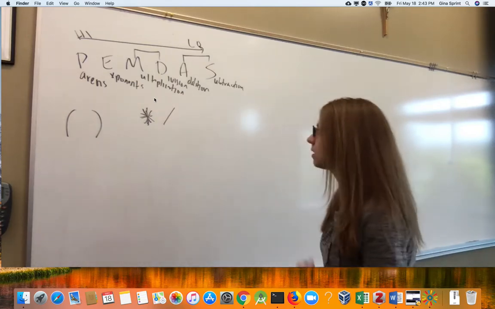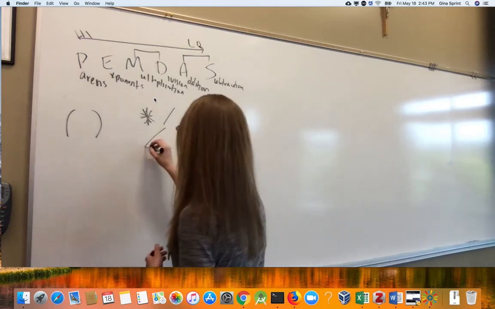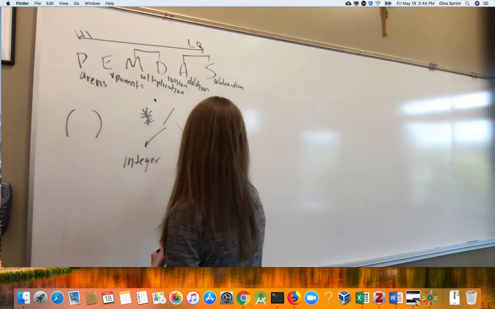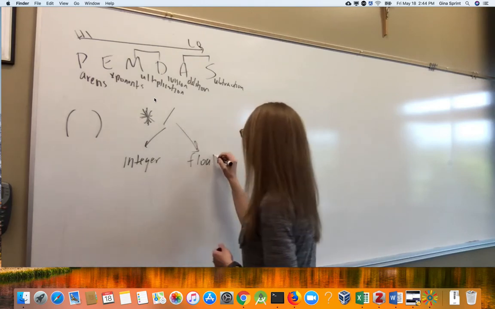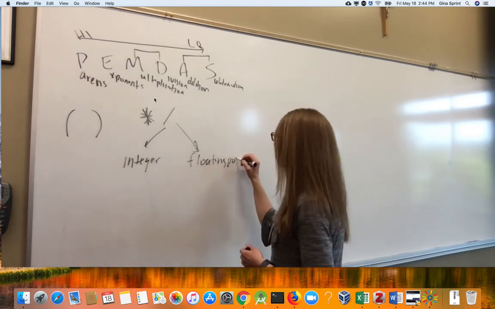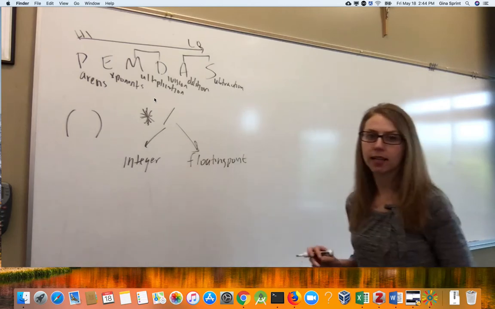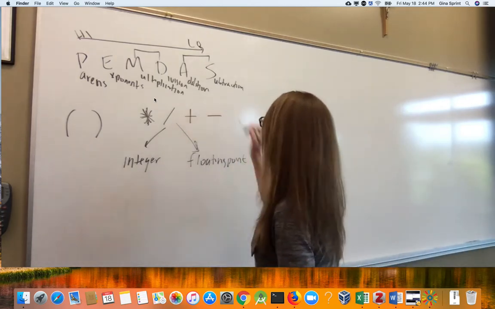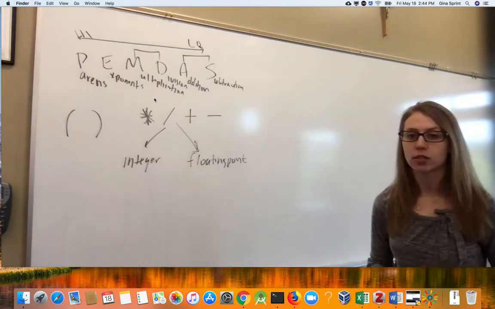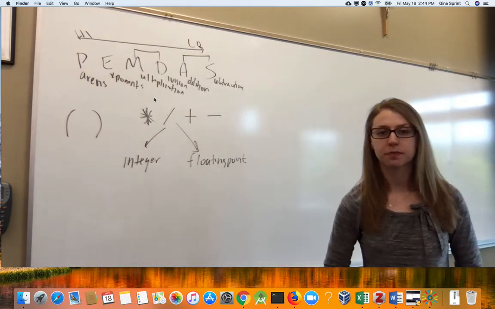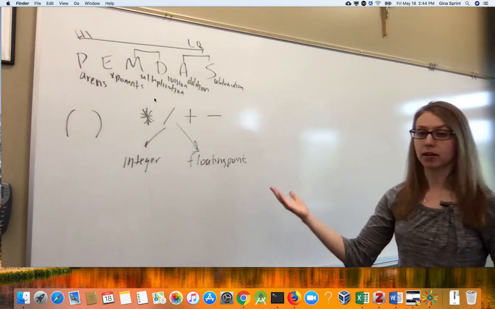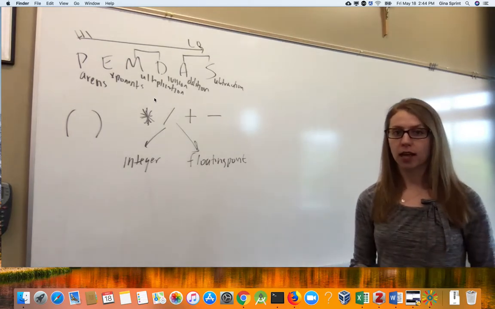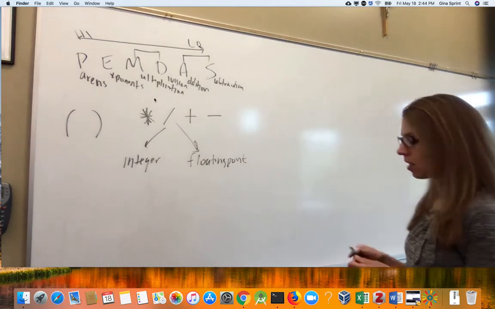It is a slash, and it can be either integer division or floating point division, depending on what type the operands are. And then we have addition and subtraction, standard operators that you would expect. So just knowing this from your background in algebra, you can already solve pretty complex arithmetic expressions.